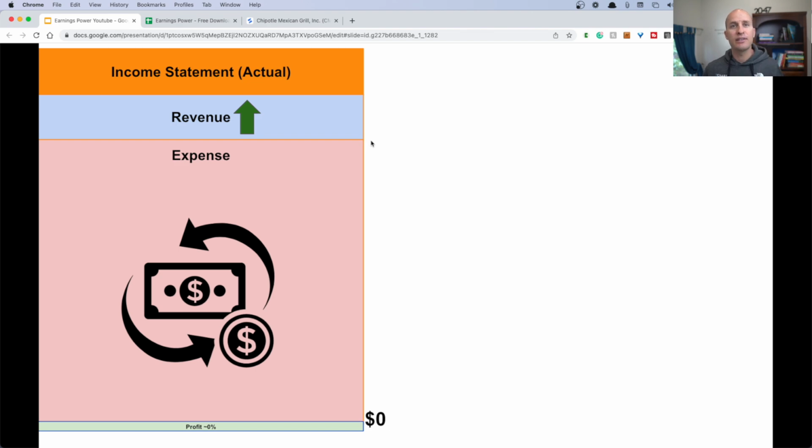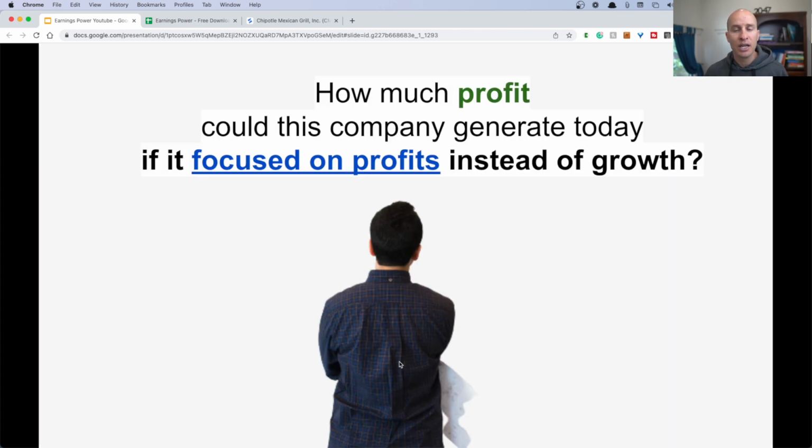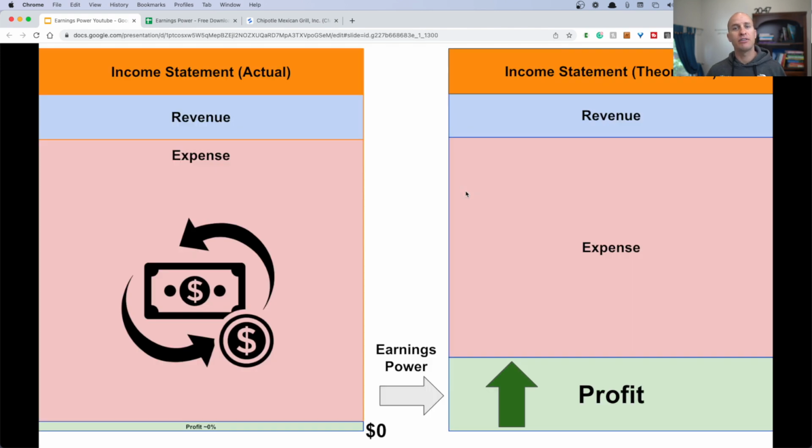Now, to visualize that, a company in this stage is focused on revenue growth, and oftentimes their expenses are very bloated, and they might not be making money at all, or they might be break even. So with the earnings power, what you're asking is how much profit could this company generate today if it shifted its attention to profit instead? This is what their income statement currently looks like.